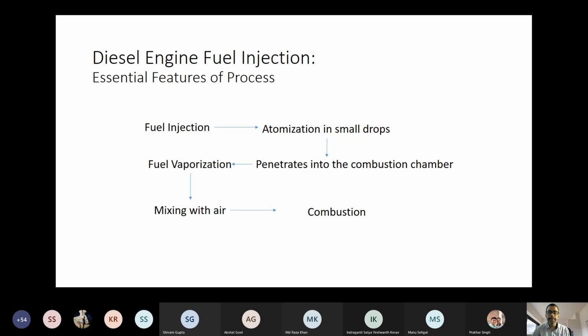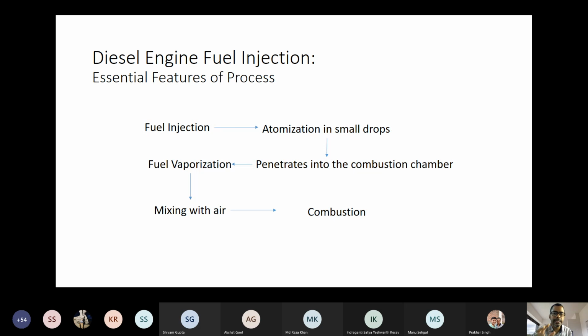Because here there is no time, the homogeneity depends on the fuel injection technology and the air motion inside the combustion chamber. These two things are responsible for distributing the fuel inside the combustion chamber.